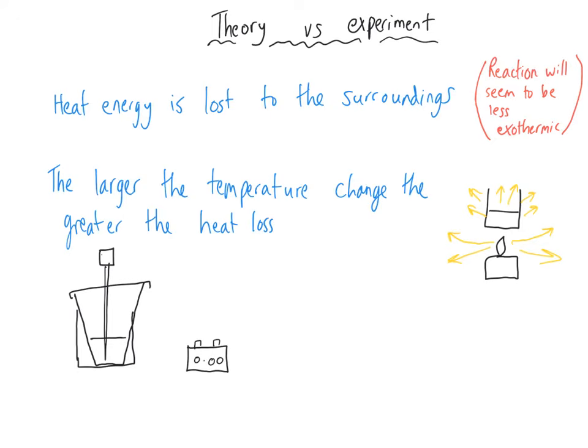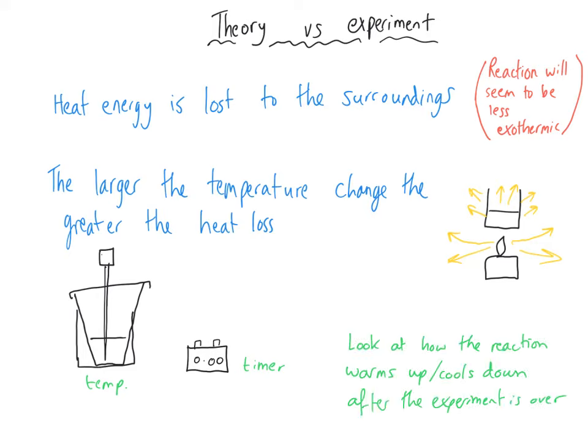And so what you would do in this instance is you would get your timer and you would measure the temperature of your chemicals periodically for the whole duration of the experiment, and crucially, we would keep measuring the temperature after the reaction is over, and we'd be looking to see the rate at which the chemicals cool down or warm up after the experiment has finished.